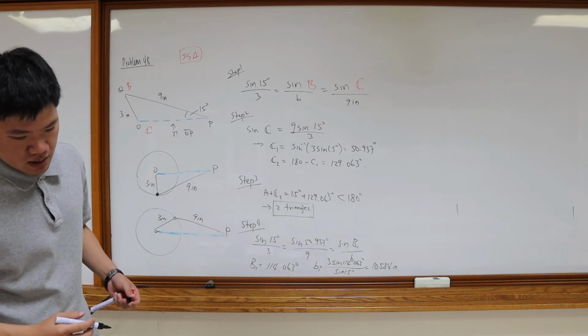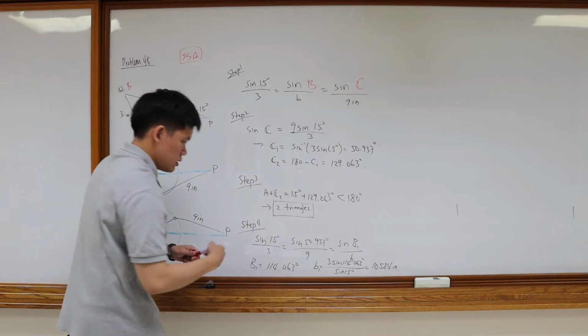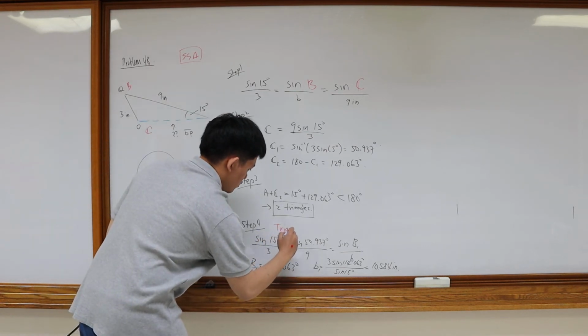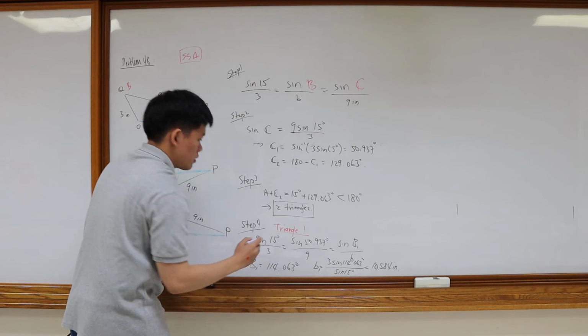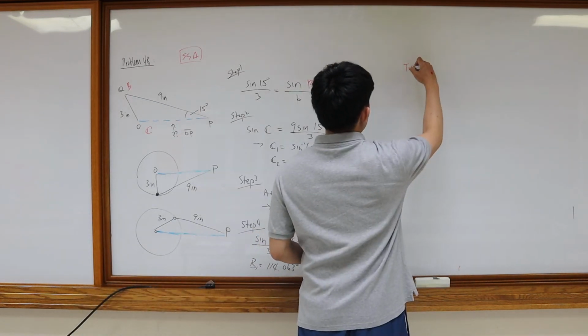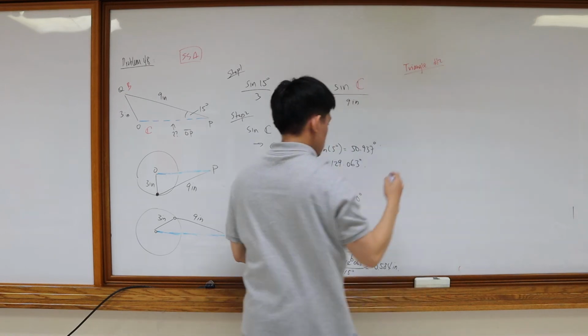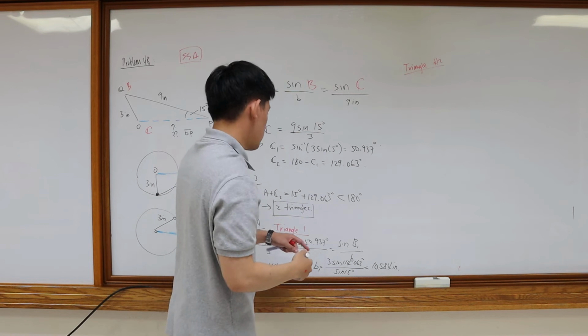Now the next part is triangle number 2. Again, write the relationship.